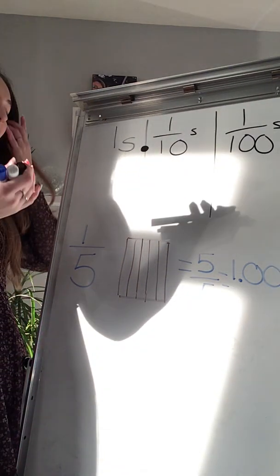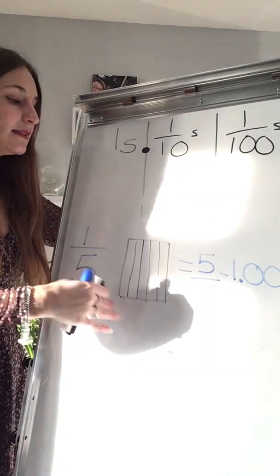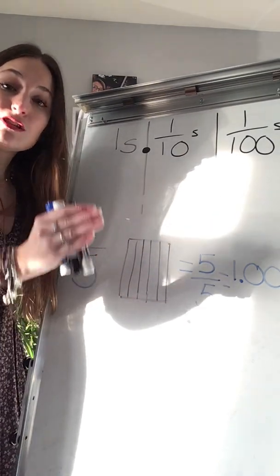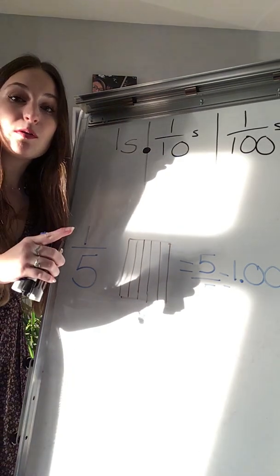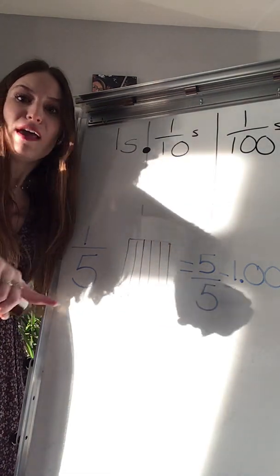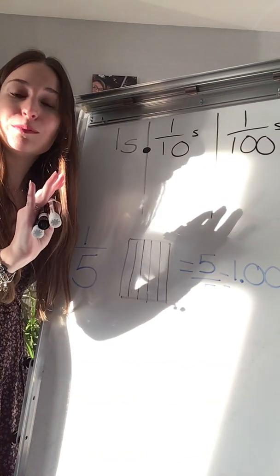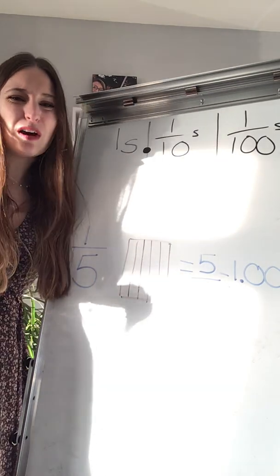So if I get a cake, and it is a rectangle cake or a square cake, and you cut it into 5 equal parts, you cut it into 5 equal parts to eat the whole cake. You need to eat all 5 of them, don't you? Because if you eat only 2 slices, you don't have the whole cake, do you?